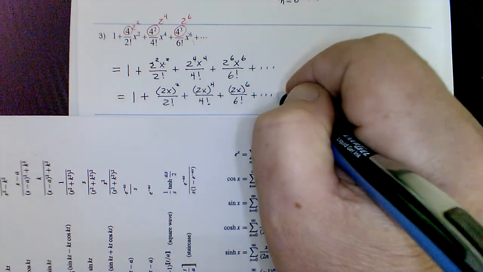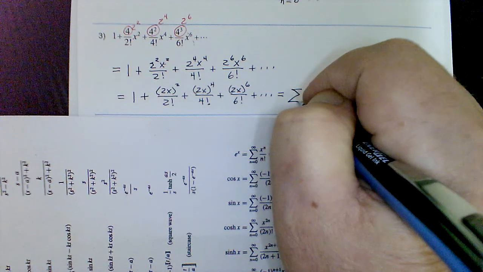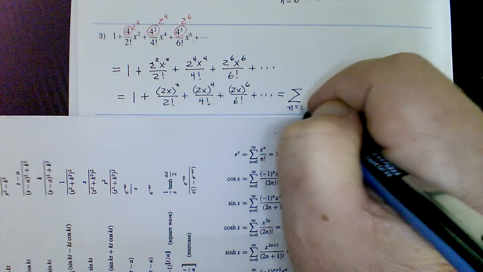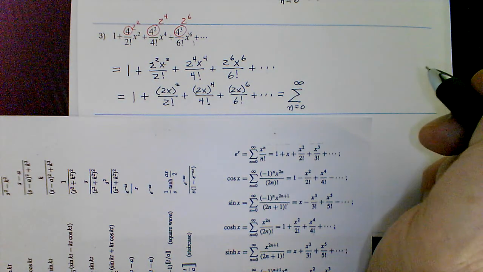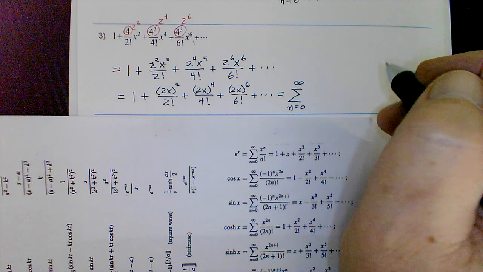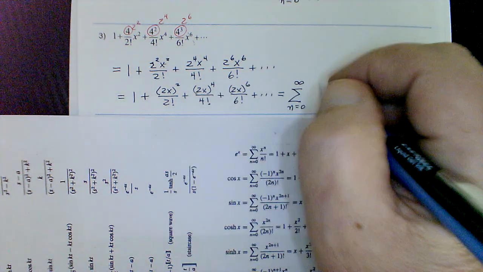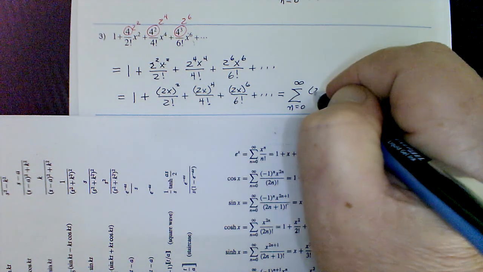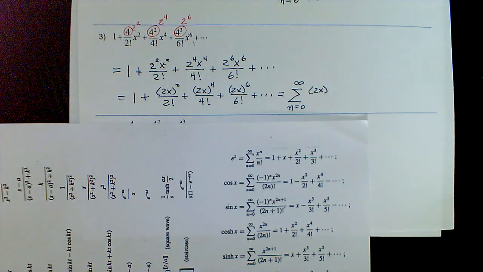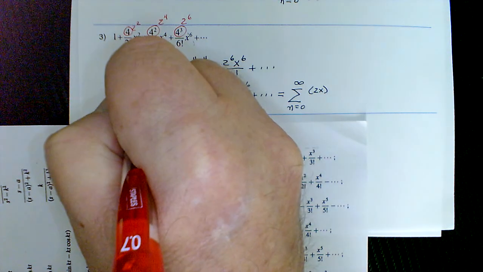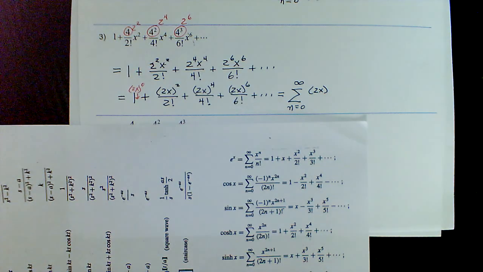So as an infinite sum, this is the sum as n goes from 0 to infinity of, and now we have the quantity 2x, but notice the pattern is 0 because there's really a 2x to the 0 in there, if you wanted to literally write it.